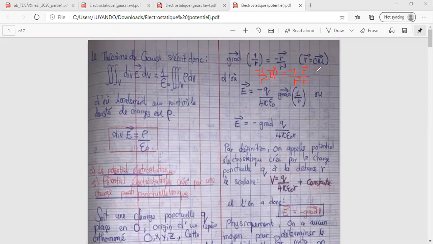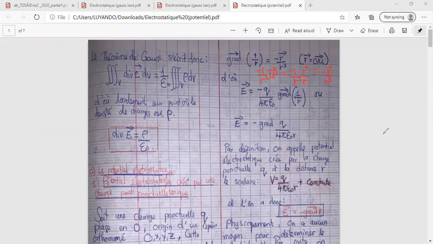And when I multiply this, I'm going to have negative r vector over r cubed. So grad 1 over r is equal to negative this over this.